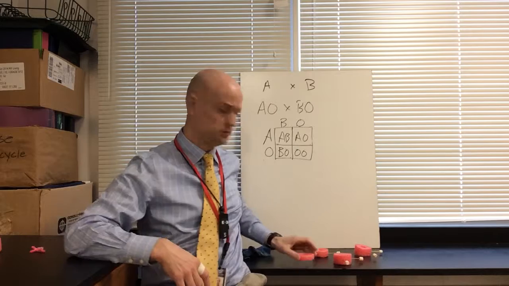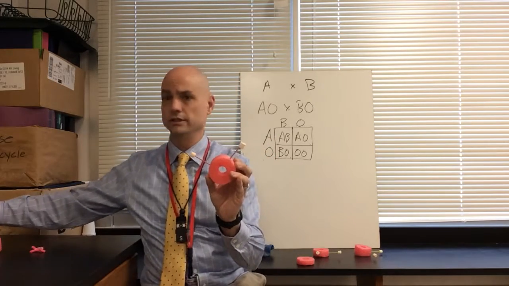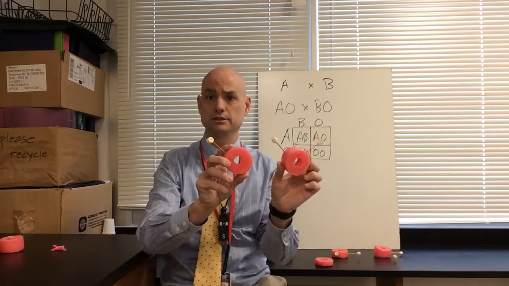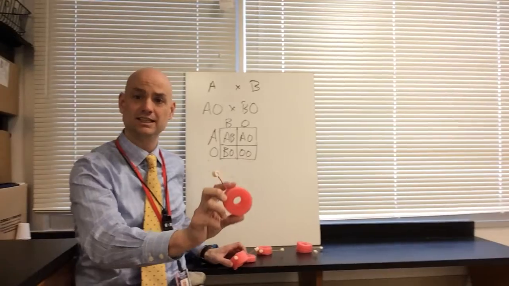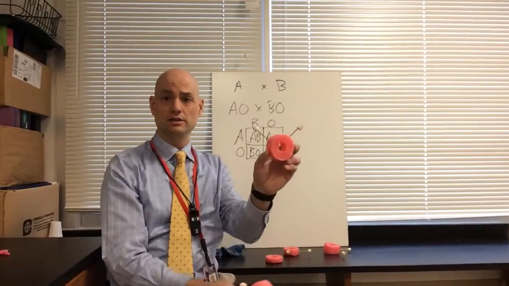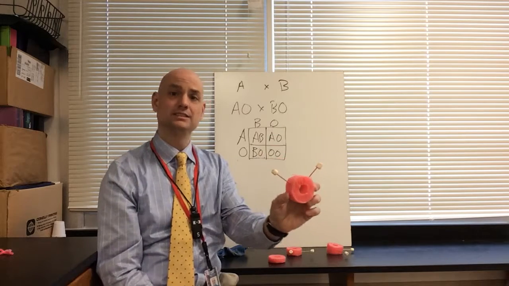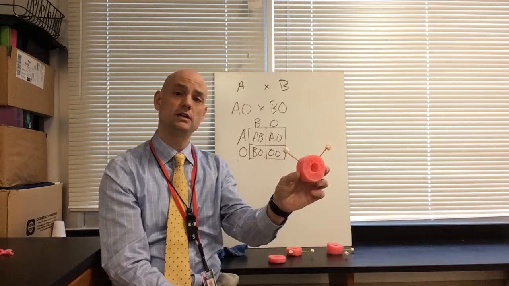So what's the halfway between? Oh, well, it's that. Does it have the red surface protein? Yes, it does. So, does this have the red surface protein? Yes. But it has twice as many. That's the difference.